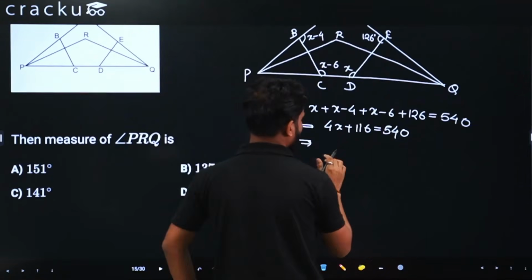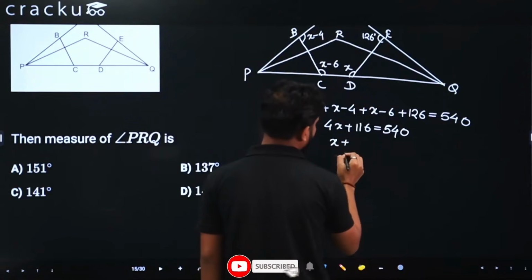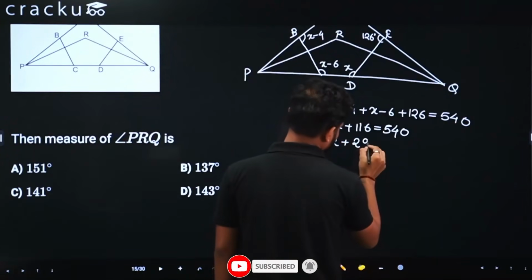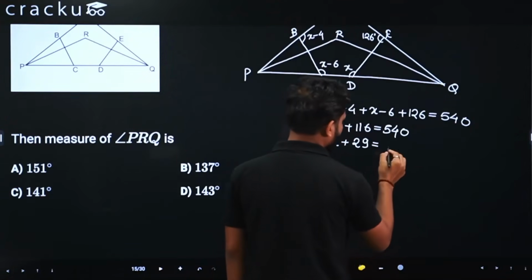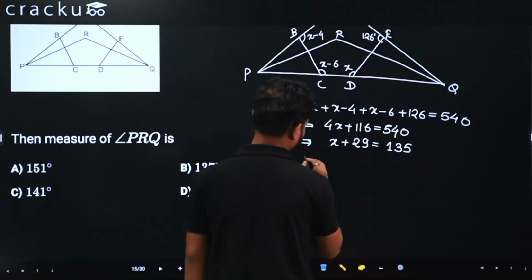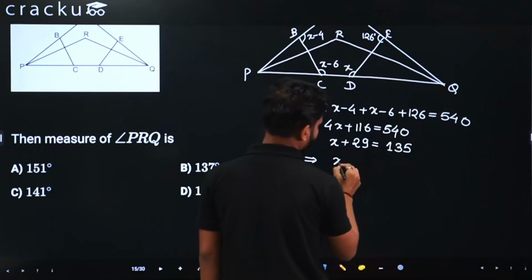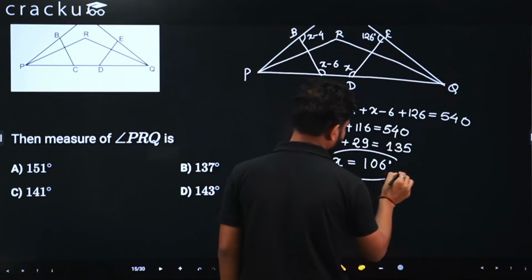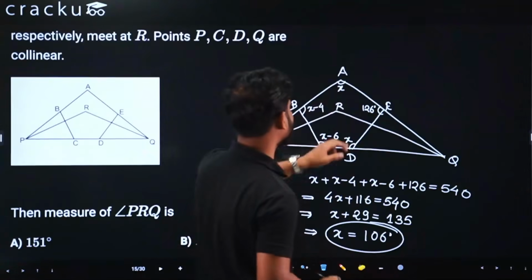From here, if you divide by 4, you will get x equal to 106 degrees. So x is 106 degrees.